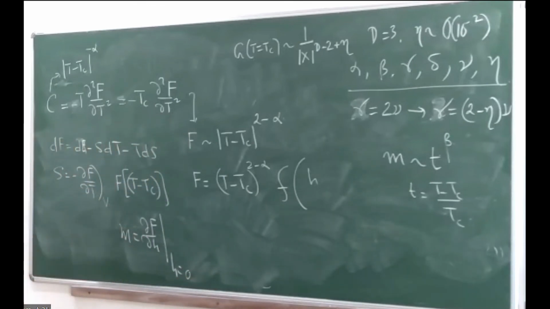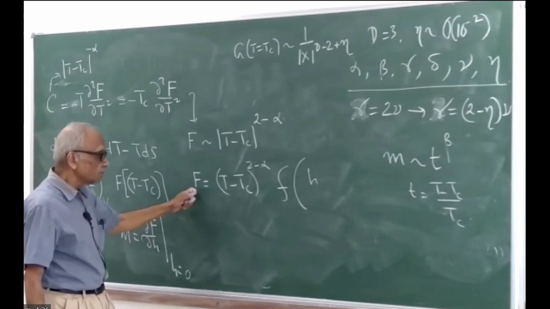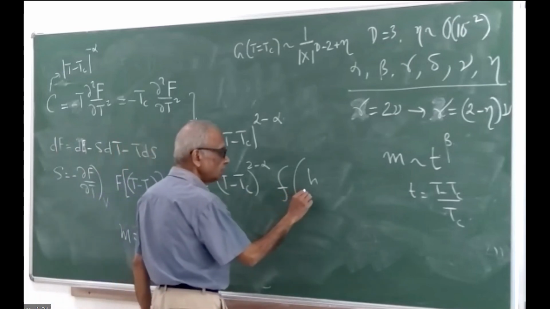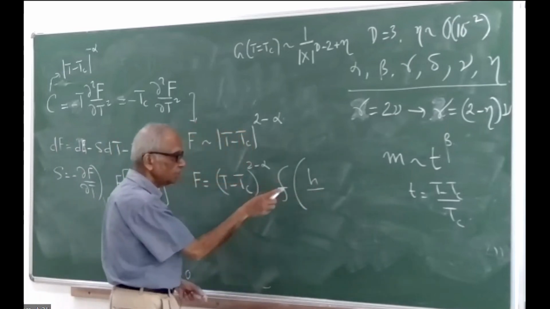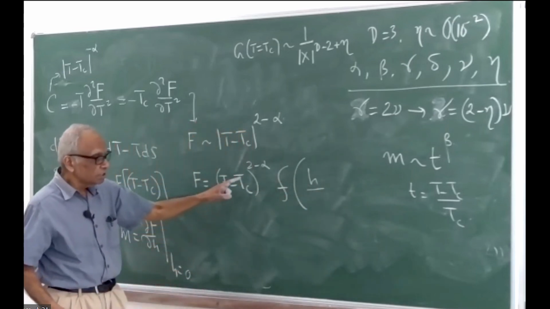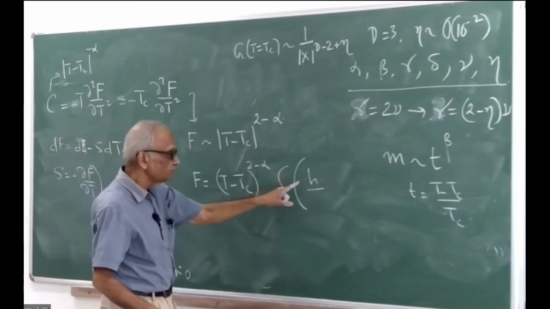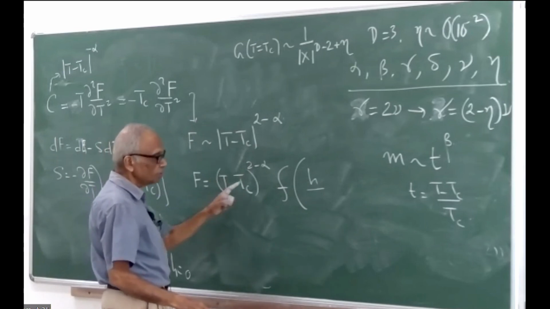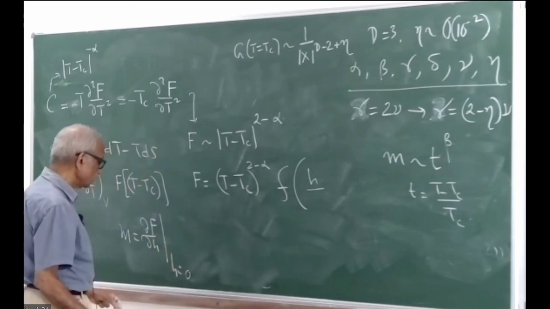That is the magnetization. So I would have to take a derivative with respect to this, and it has to be a scaling variable, because if h is equal to 0, it has to come back to this, which is all right, that becomes a constant.